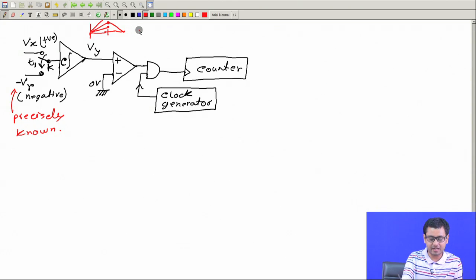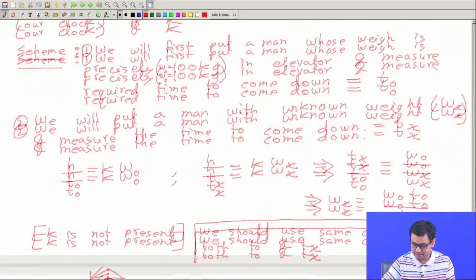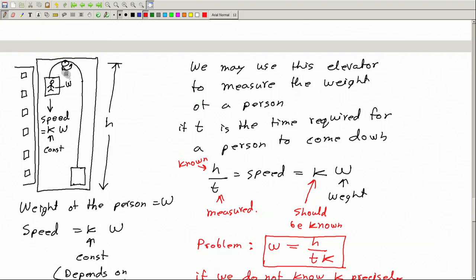That is how we measure this unknown voltage, and in this way we make the measurement independent of this constant C, which somehow gets multiplied with this input voltage, whatever it is, here or here, and that defines the rate or the slope. Now, the same C is applied for both integration and deintegration time. So, the effect of C gets cancelled, just like the effect of this factor k in this experiment.